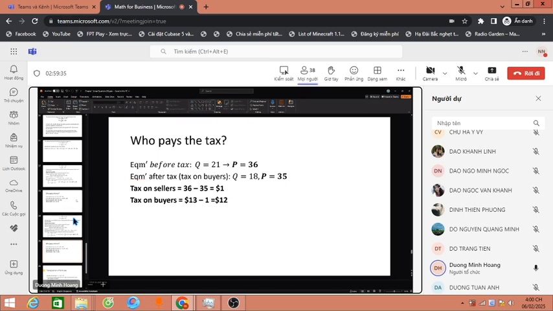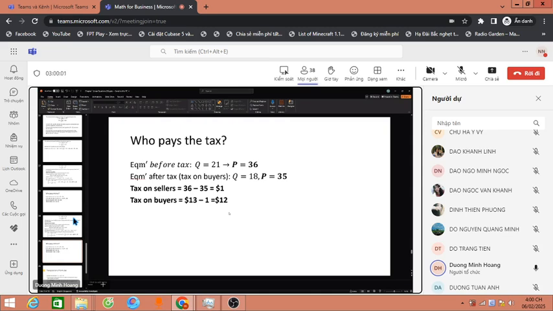So take a look at these two scenarios. If you place tax on sellers, sellers have to pay $1 in tax, and consumers have to pay $12 in tax. If you put the tax on buyers, then the seller still pays $1 in tax, and buyers still pay $12 in tax.